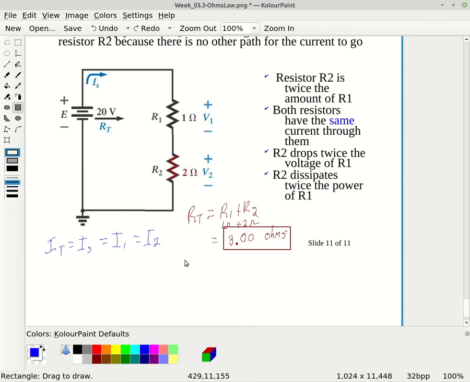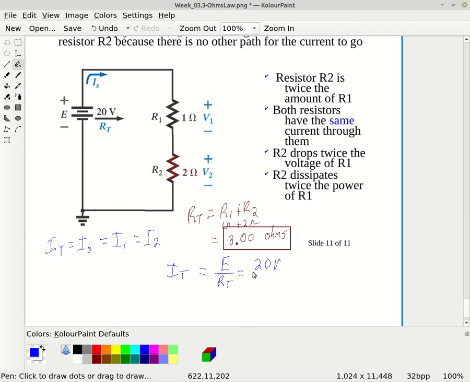given that, then, we can calculate that the total current IT is equal to the supply voltage of 20 volts divided by the total resistance. Okay, so that's going to be 20, which again is an exact value because that was the supplied value.